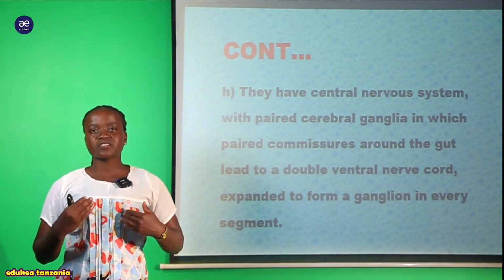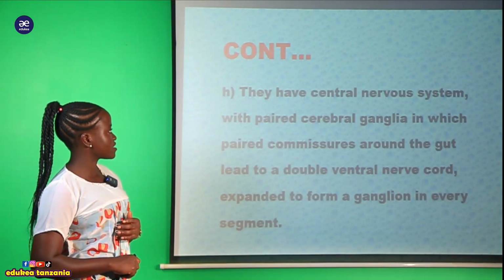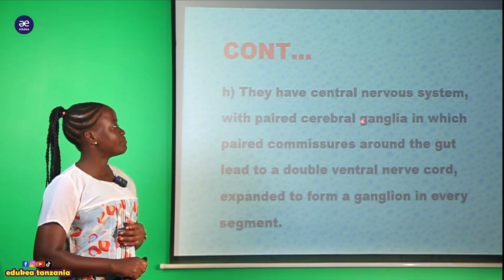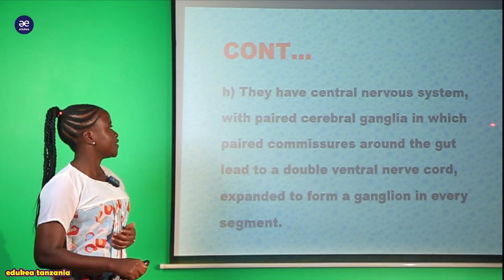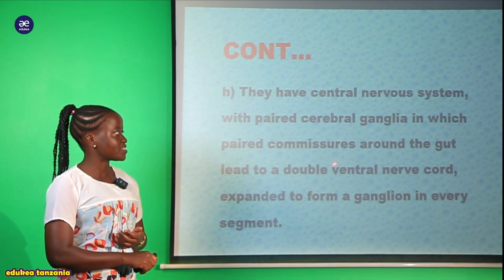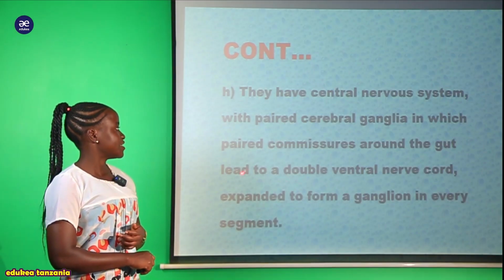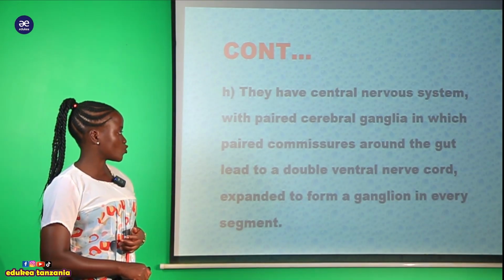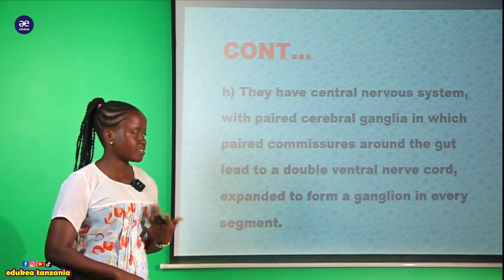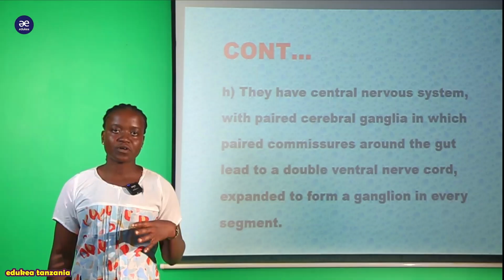In short, here we can say that these organisms possess a central nervous system. What may this central nervous system consist of? We have said that it has cerebral ganglia, which may be paired with commissures around the gut, and these lead to the double ventral nerve cord expanded to form a ganglion in each segment. Within their segments there is formation of ganglia.